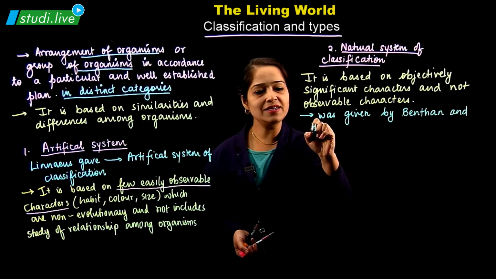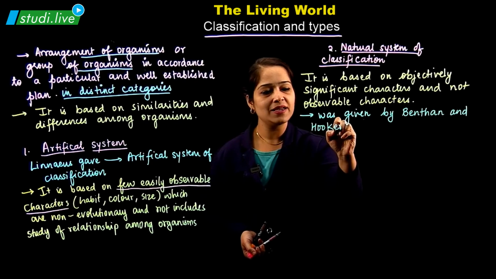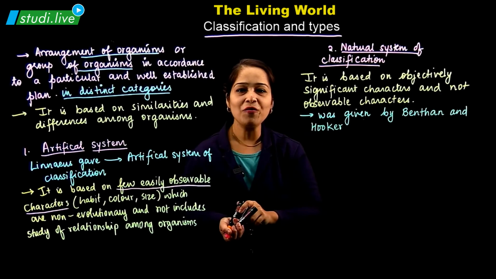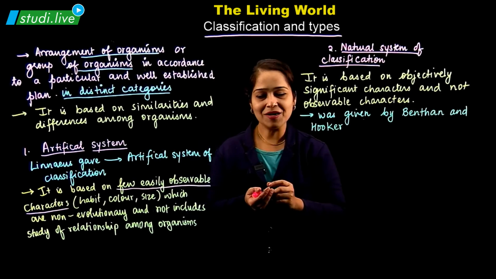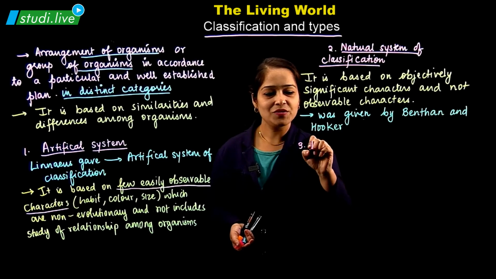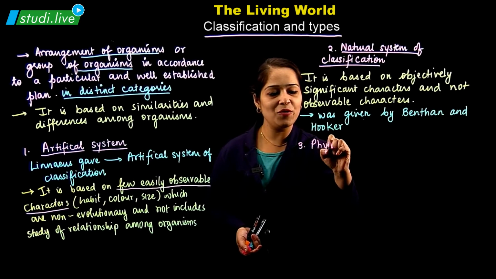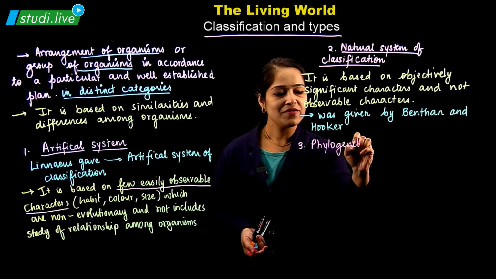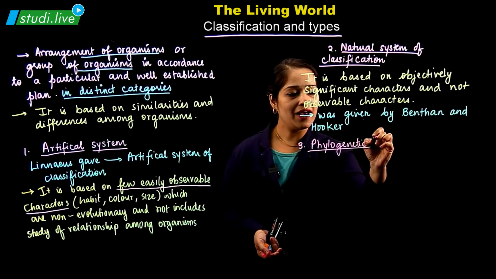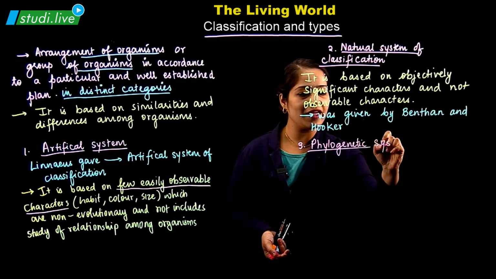And the third system of classification is the evolutionary or phylogenetic system of classification. The third is called phylogenetic, which is also known as the evolutionary system of classification.